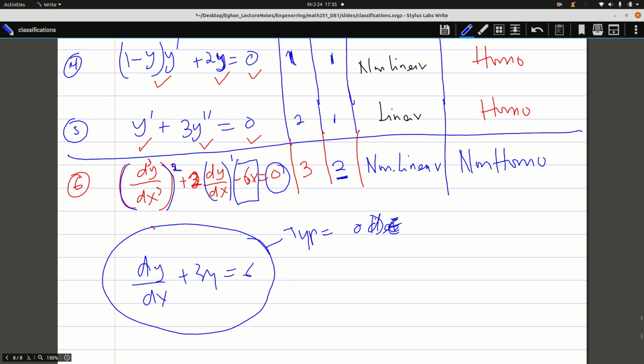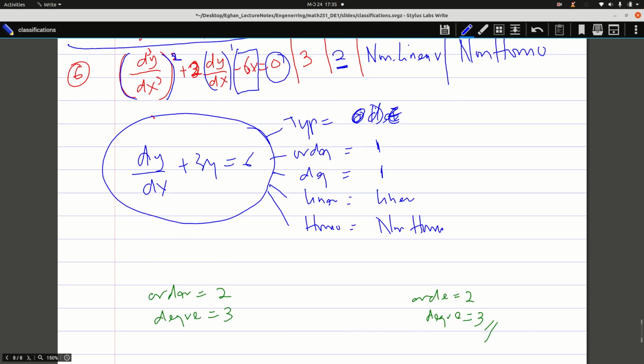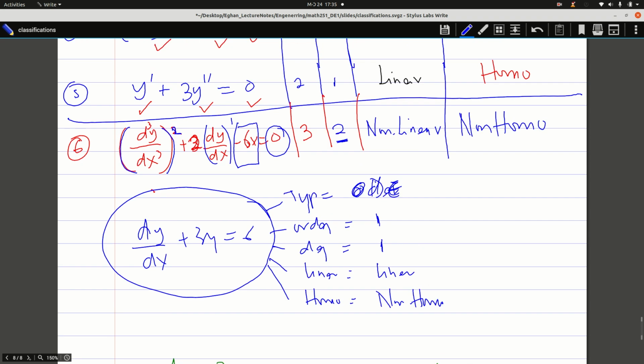You have to check for the order. It is order 1. You have to check for the degree. It is degree 1. You have to check for linearity. We say it is linear. You have to check for homogeneity and realize this is non-homogeneous. So that's how you would classify this equation. This differential equation is a first order ordinary differential equation.